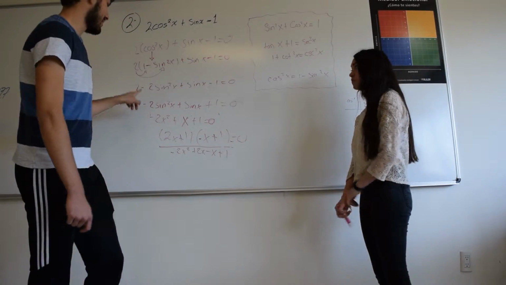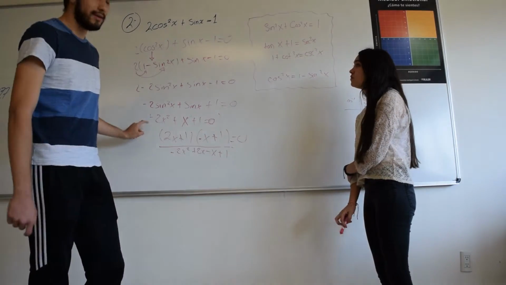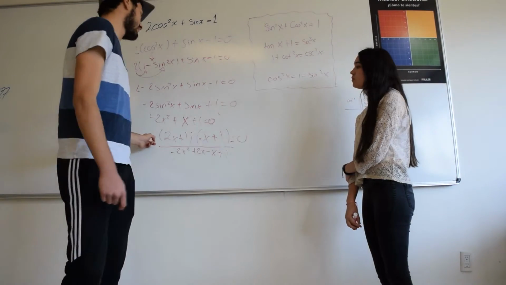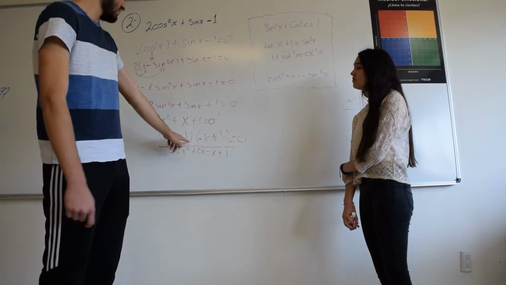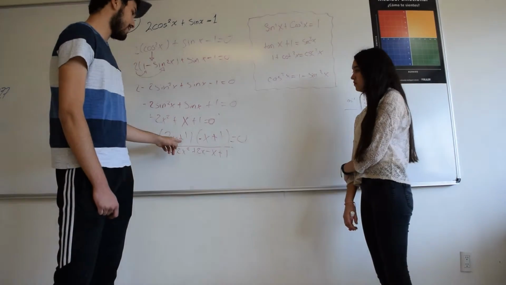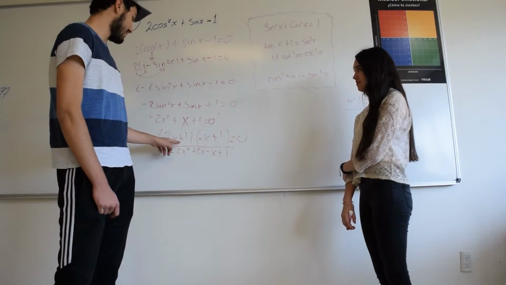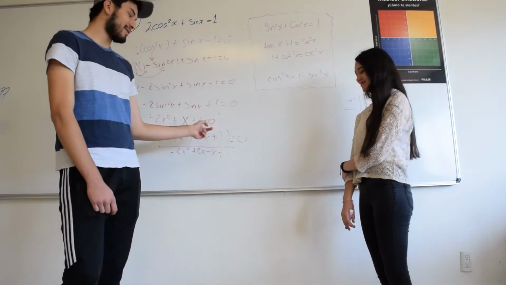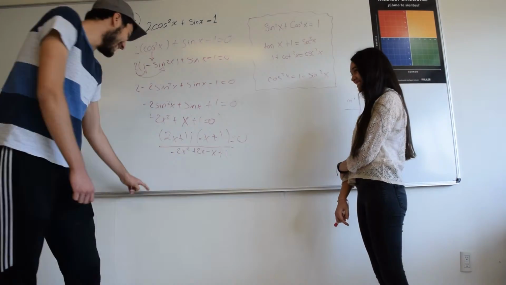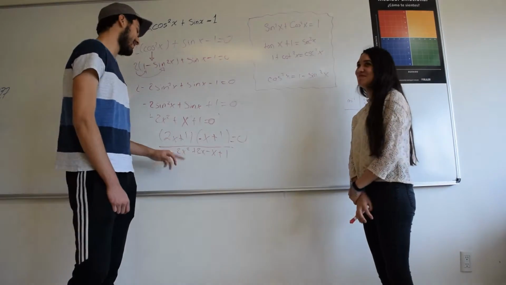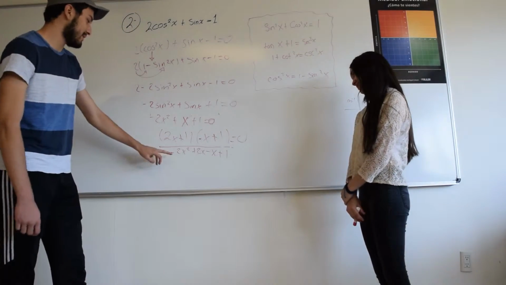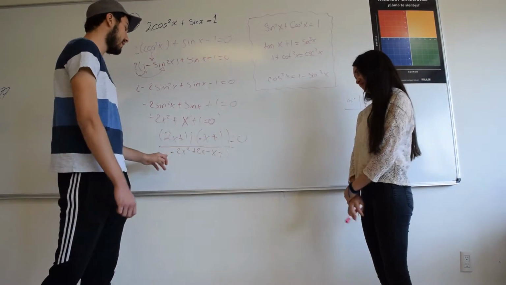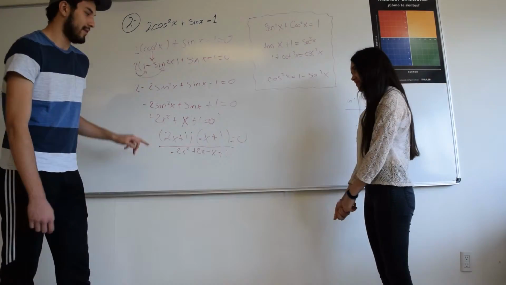And then when we have this, we have to factorize, and the factorization is 2x plus 1 and minus x plus 1. And then we know that this is correct because it's the same. If we solve this factorization, it's the same as this. And that's all for me.